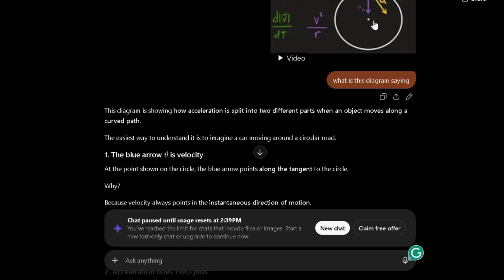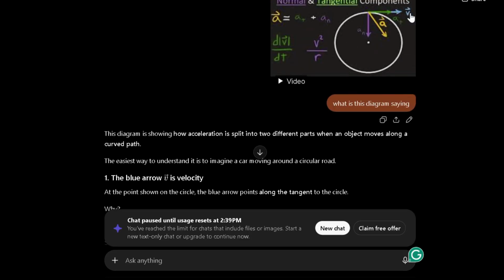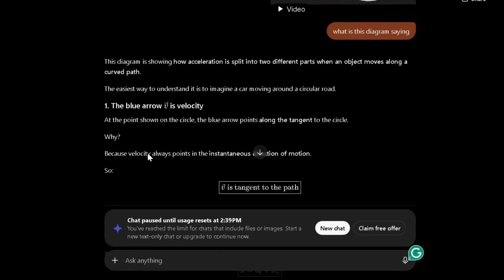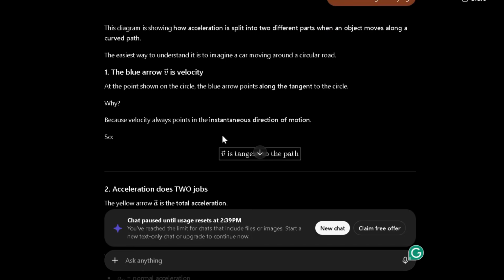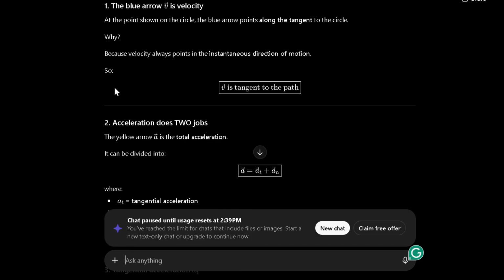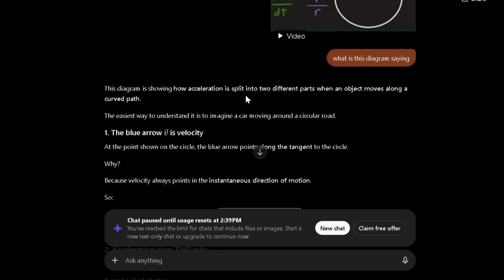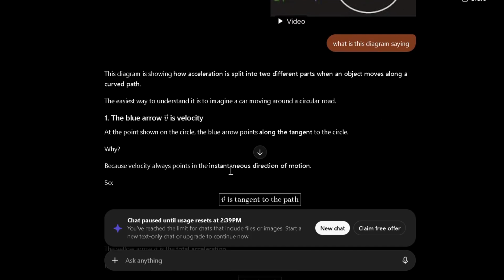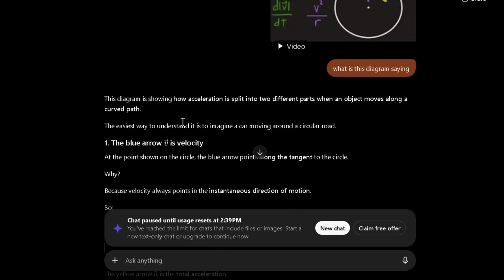This is velocity V bar. The blue arrow points along the tangent to the circle. Why? Because velocity always points in the direction of motion, so V bar is tangent to the path. This circle is the path. If you take acceleration, it is taken into two parts.